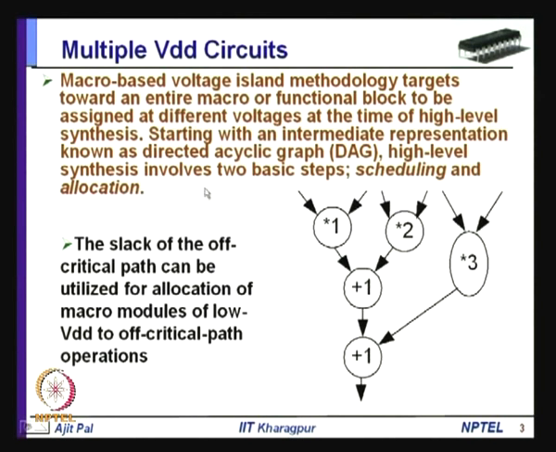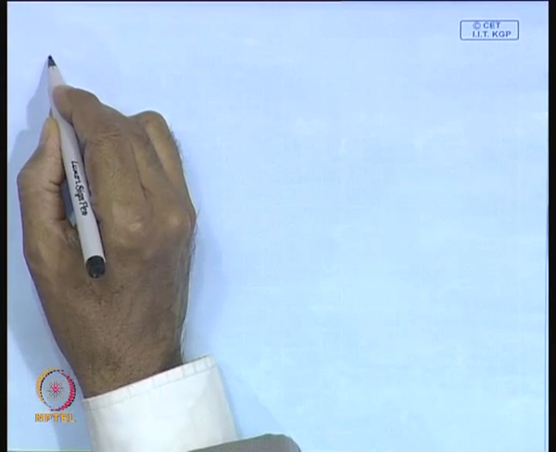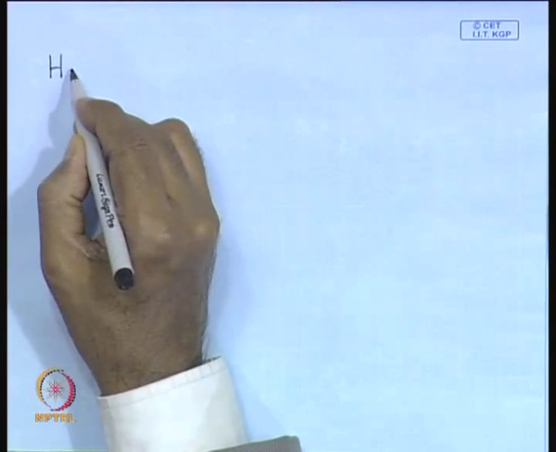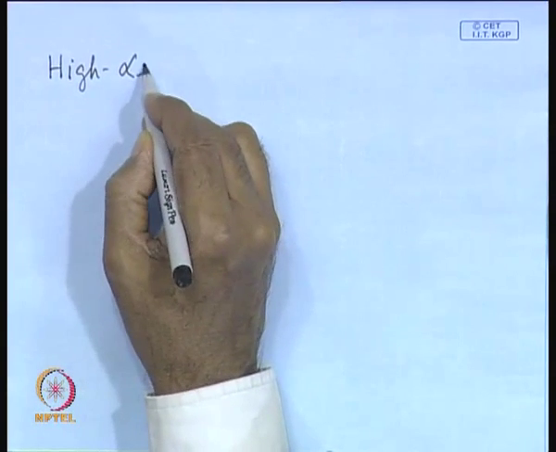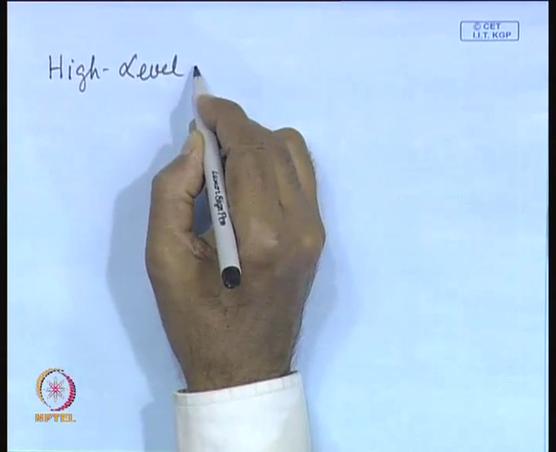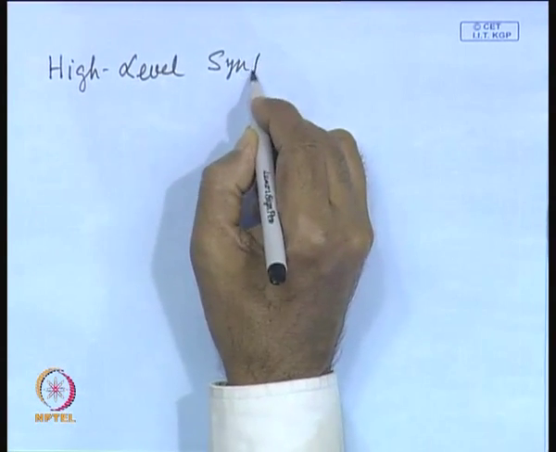High level synthesis involves two steps, scheduling and allocation. So, we shall be performing multi-level voltage scaling at macro level, and as you know, it is done at the high level synthesis stage.